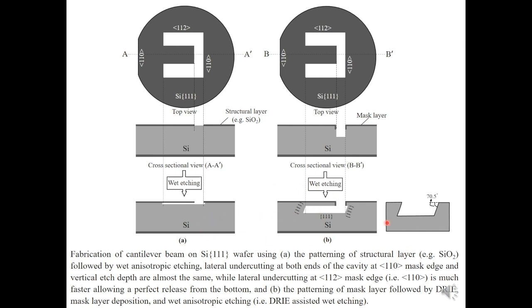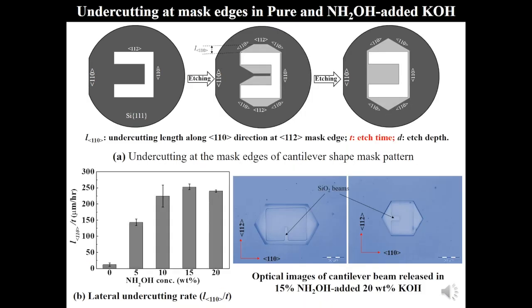In both cases, the structure is released through the undercutting process, because undercutting in NH2OH is very high. That's why these structures can be released. These are the optical micrographs of the freestanding cantilever beam fabricated using NH2OH KOH solution.